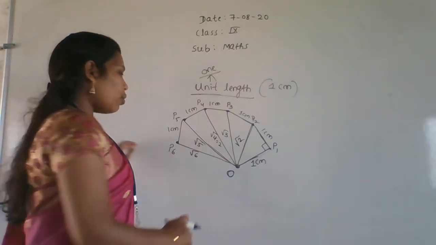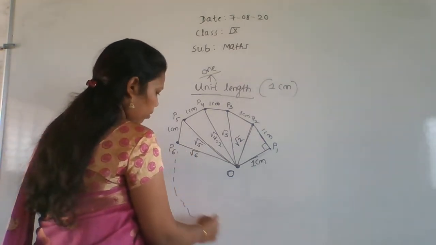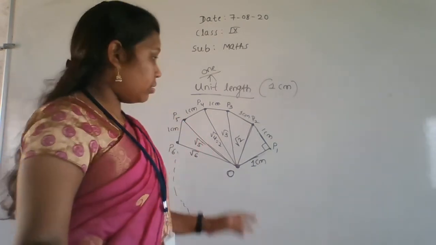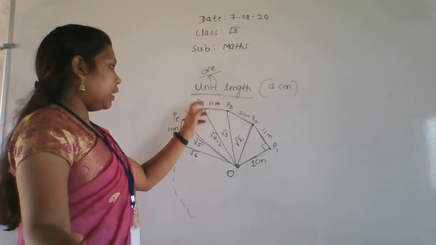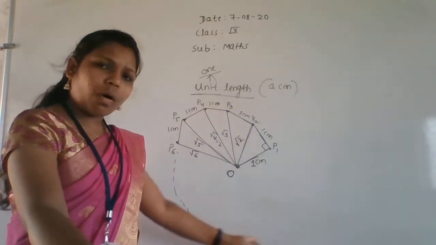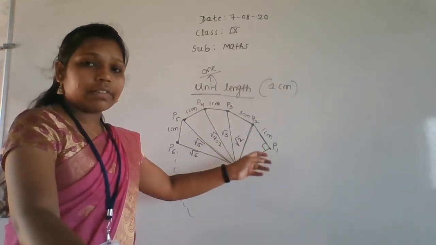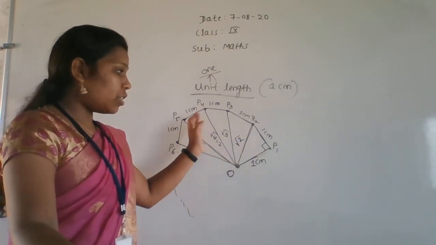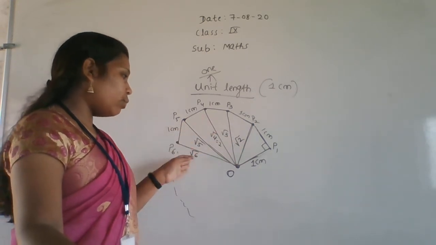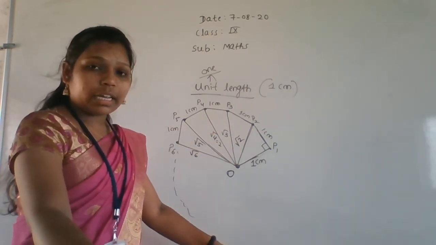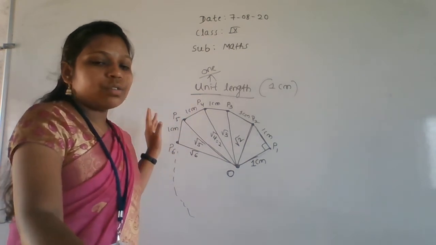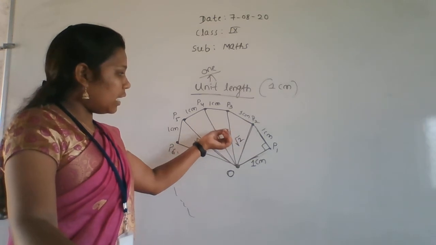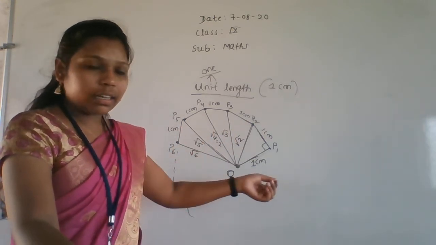If you continue like this, you will get P1, P2, P3, up to Pn, the irrational numbers root 2, root 3, root 4, root 5, root 6, root 7, root 8, root 9, root 10. This is just an activity to know how irrational numbers are obtained on the number line.